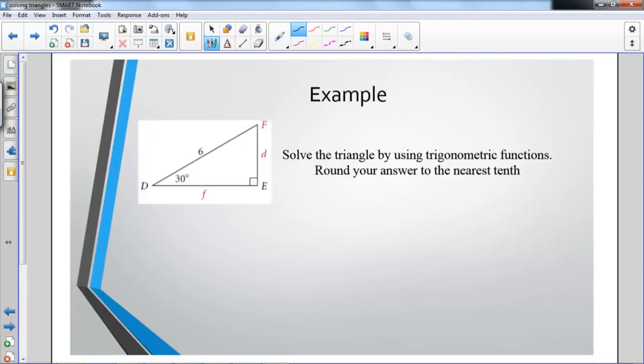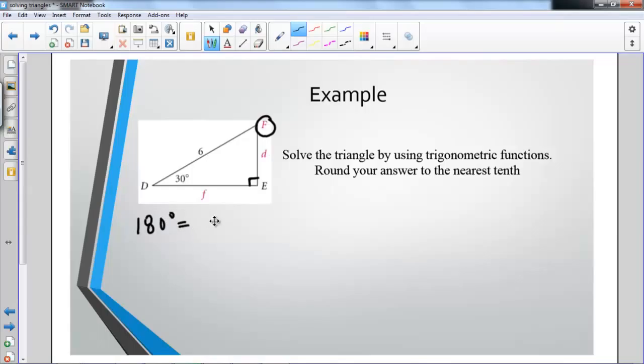Here's our first example. We want to solve all values of the triangle using the trigonometric functions. The first thing I'm going to do, since angle D is given to be 30 degrees and angle E is given to be our 90-degree right angle, is notice the only angle that we don't know is angle F. So I'm going to solve for angle F. Recall that the sum of the angle measures of a triangle has to equal 180 degrees.